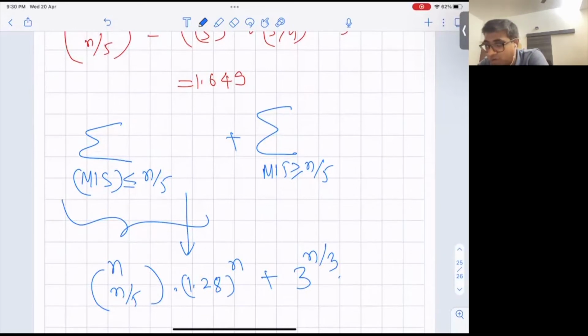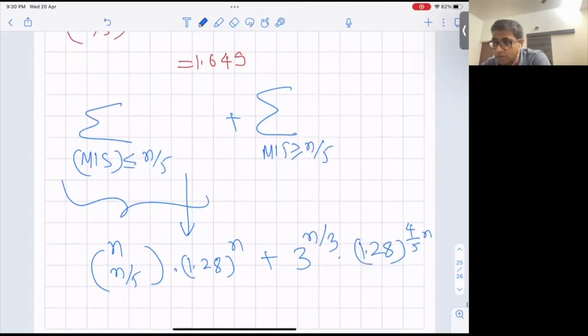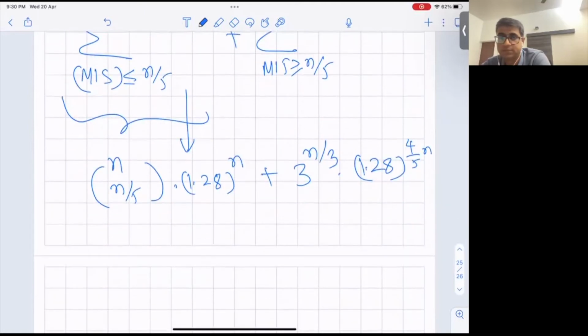At least, at most, n minus n by 5, correct? Yeah, 4n by 5. So what is the running time of this algorithm? I'm sure it is better than the last time.